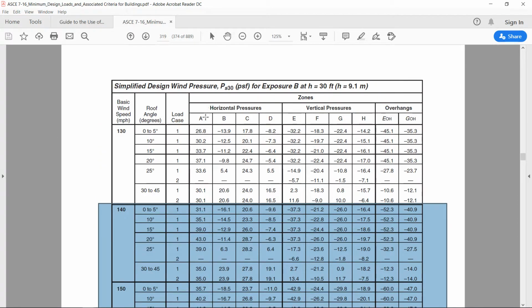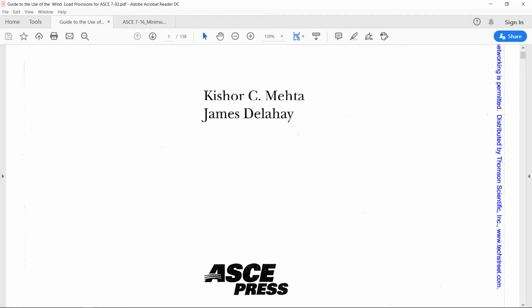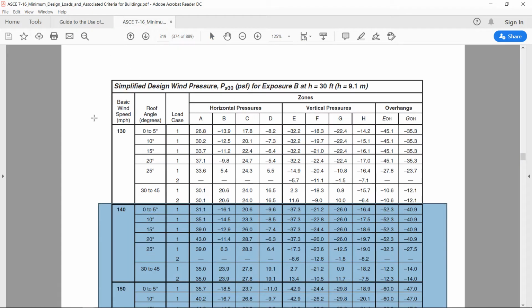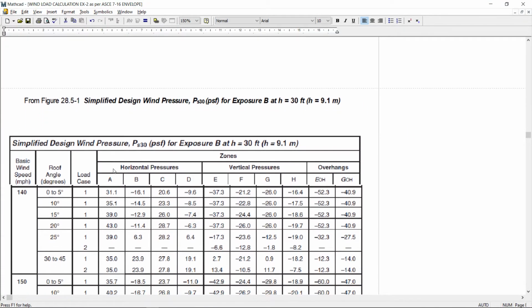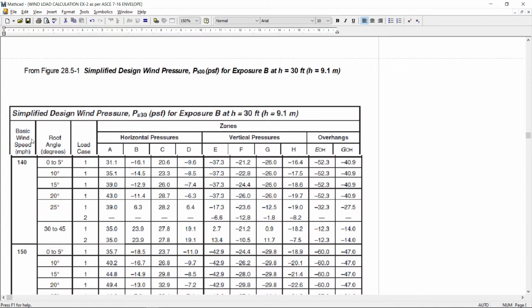The first column is A, second is B, C, D, etc. So what I have done here, same thing, I copied over from there.